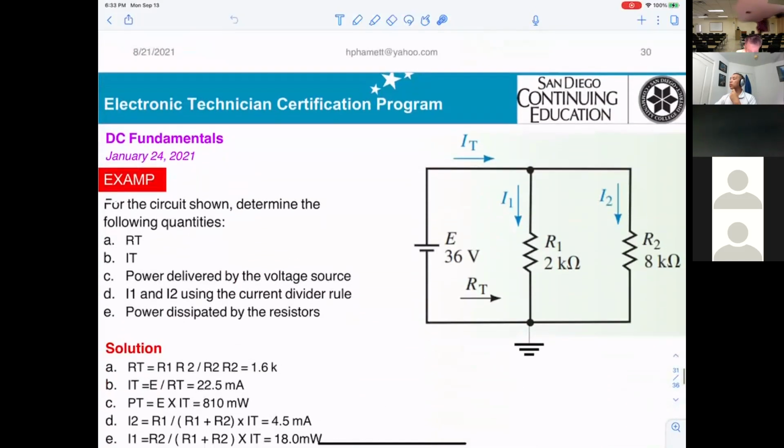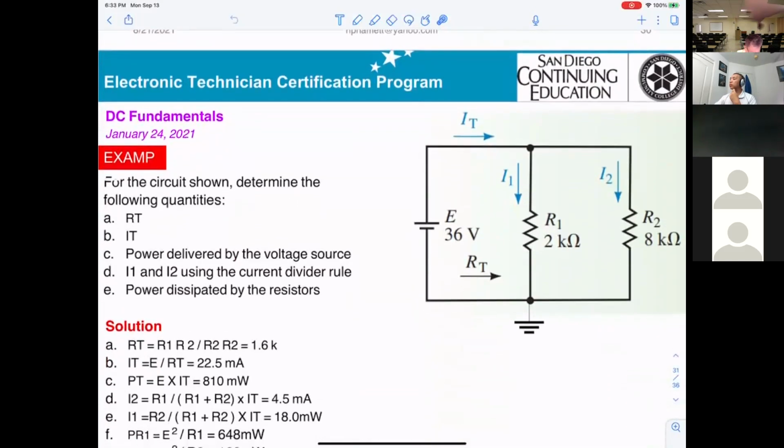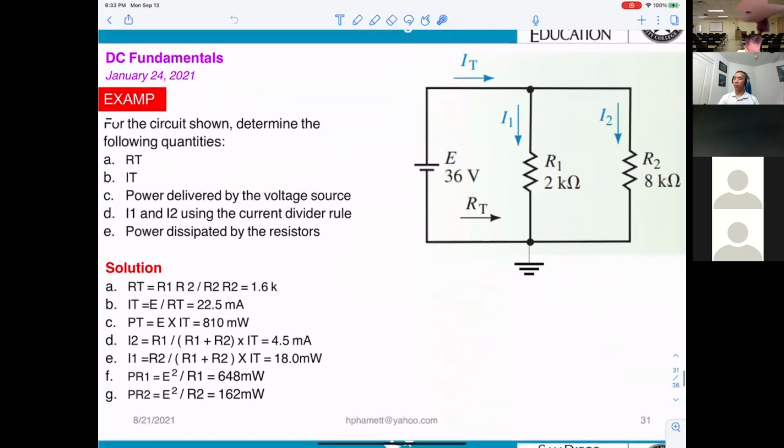This is the same example here. For this example, they give two resistors R1 and R2 in parallel. They want to calculate the total resistance. You already know R1 times R2 divided by R1 plus R2. If you want to calculate the I total, the current here, take the E power supply divided by R total.